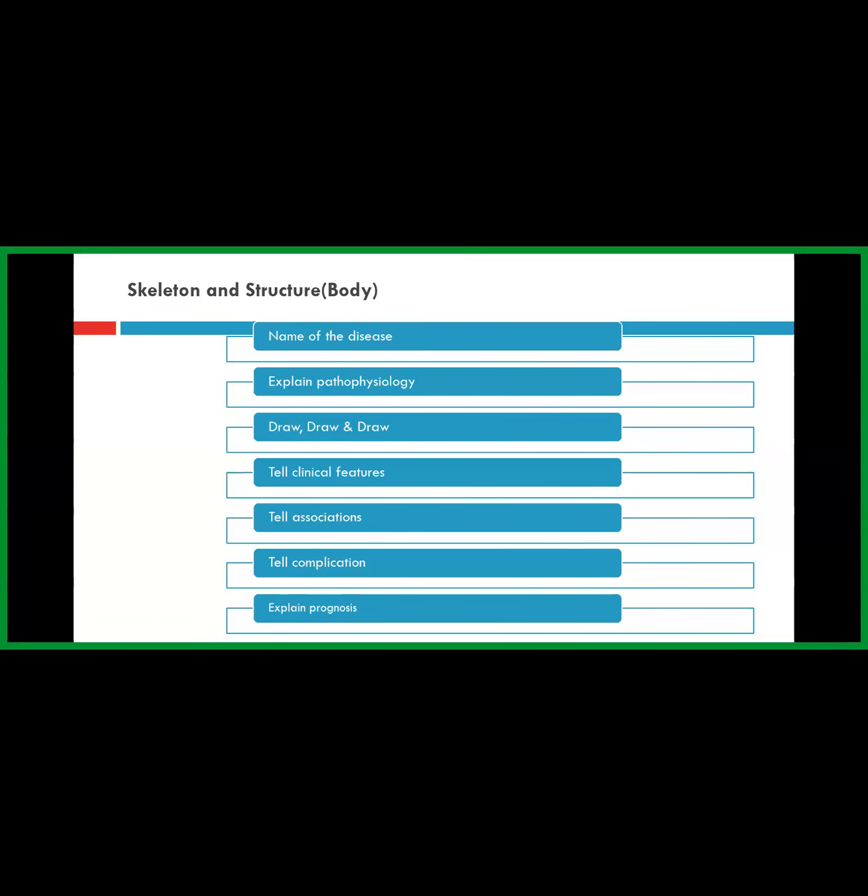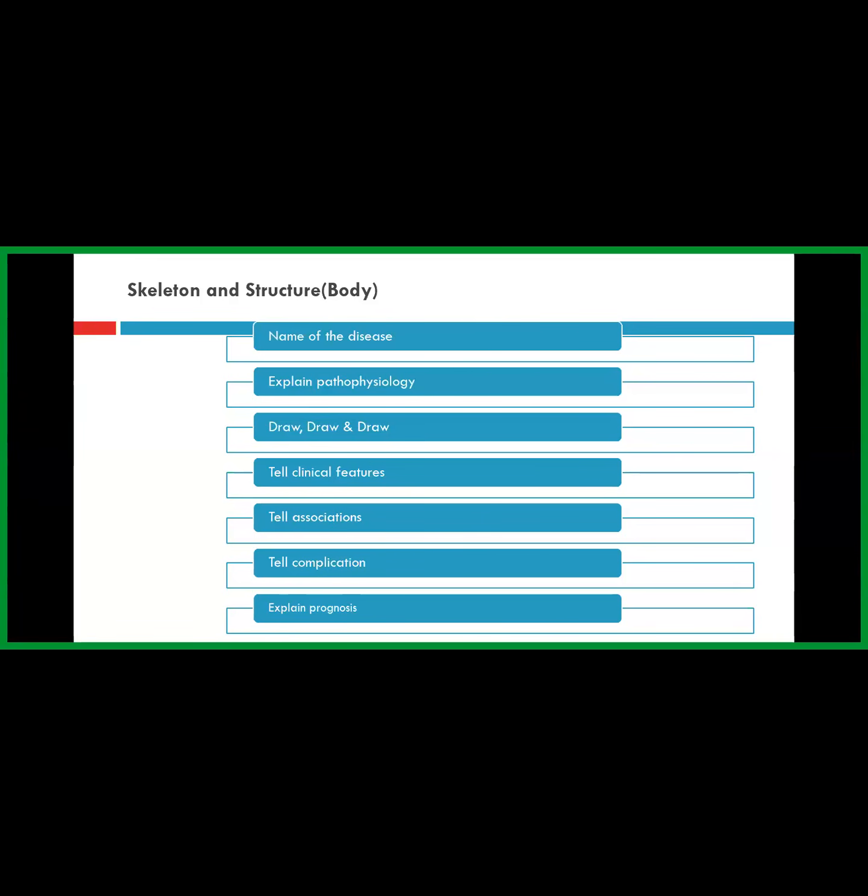Because the next step is to tell the associations and the complications of the disease. I give you the example: this patient might be having, right now or after 10 days, 15 days, 6 months, uveitis. He will not get the idea that it is linked to rheumatoid. Might be he is having something called Felty syndrome. Might be some other complication.